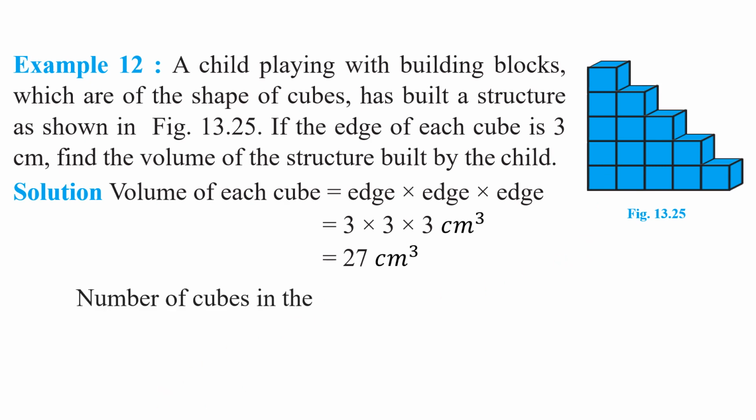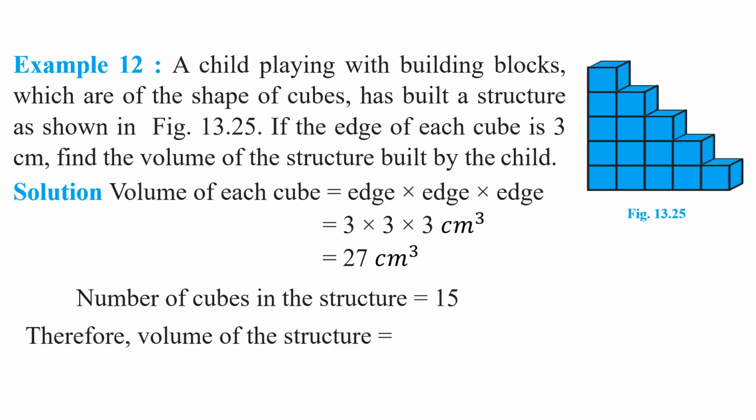Number of cubes in the structure is equal to 15. Yes or no, my children? See, observe here: 1, 2, 3, 4, 5, 6, 7, 8, 9, 10, 11, 12, 13, 14, 15. Total 15 cubes are there. So, total number of cubes in the structure is 15. Understood this step, my children? Right.